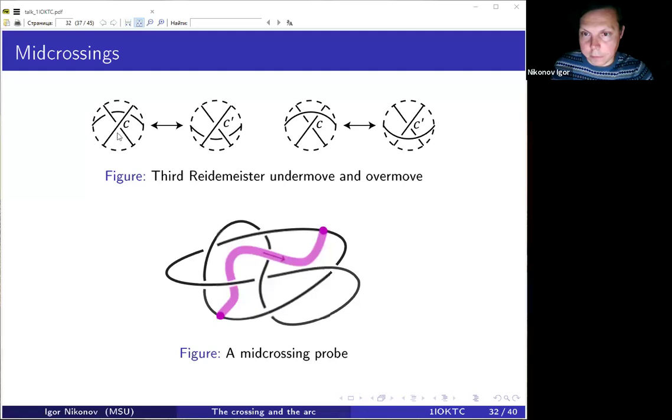Assume we identify this crossing C and C prime on the left picture and the right picture. Then we get some other functor than the crossing functor. This functor is called the mid-crossing functor. And the probes for these mid-crossings are just oriented bands between 2 points on the knot.